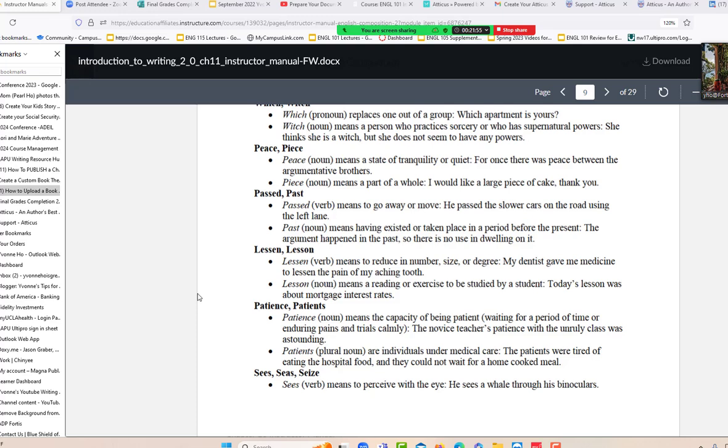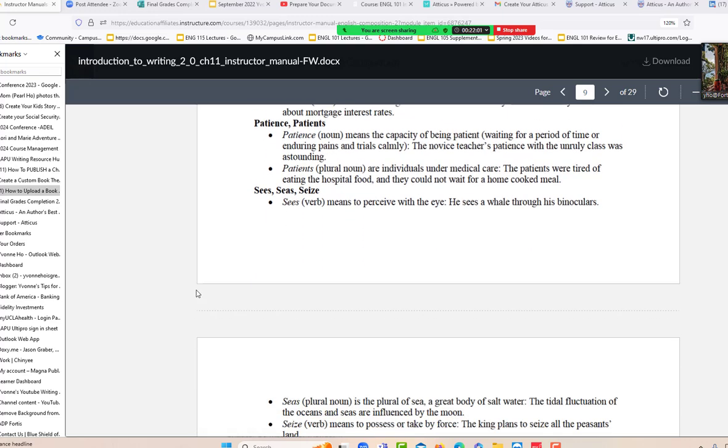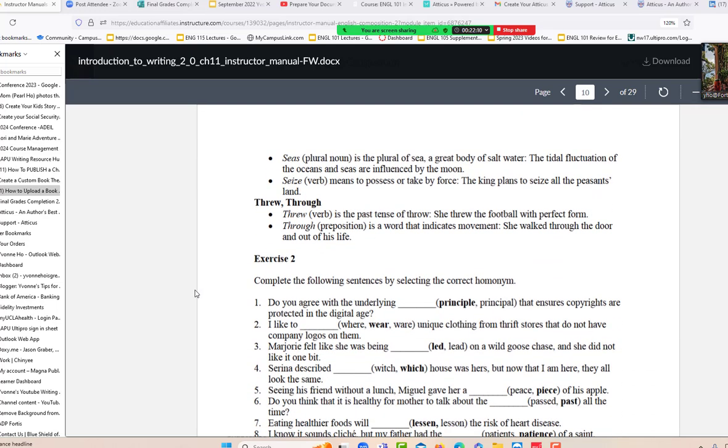The patients were tired of eating the hospital food. Sees. He sees a whale through the binoculars. The tidal fluctuation of the ocean and seas are influenced by the moon. The king plans to seize all the peasants' land. Through. She threw the football with perfect form. She walked through the door and out of his life.